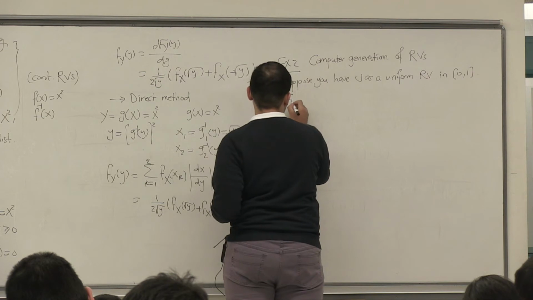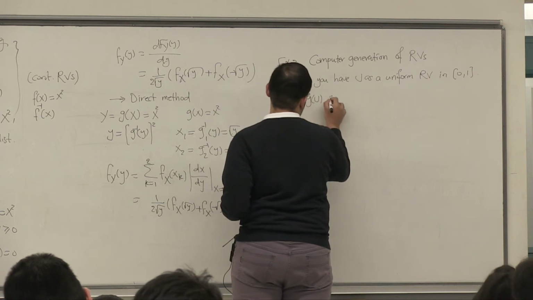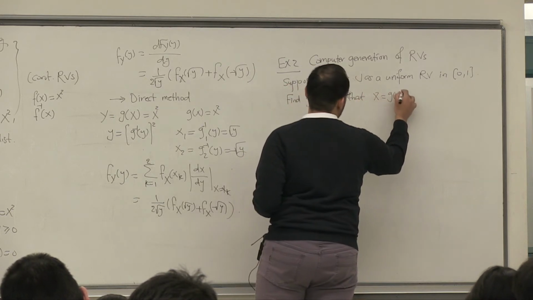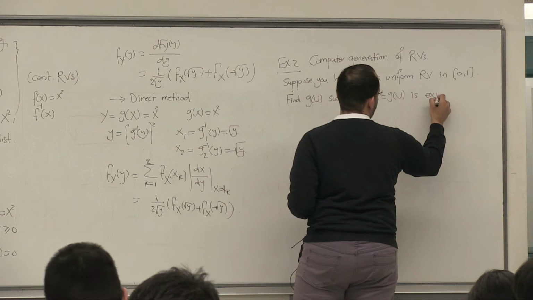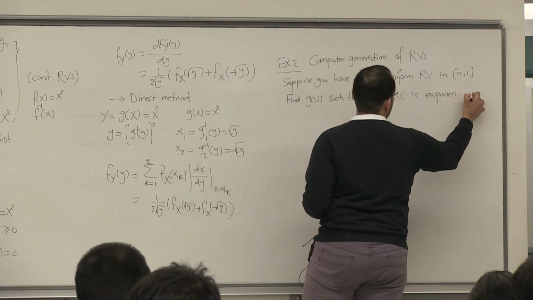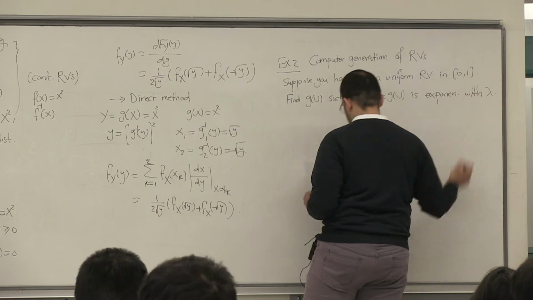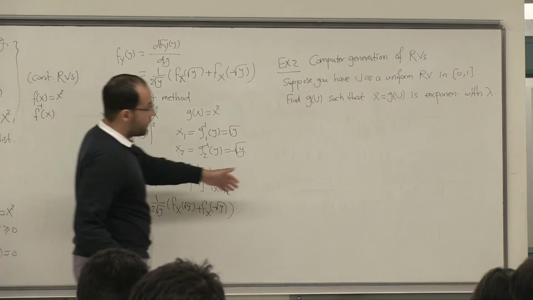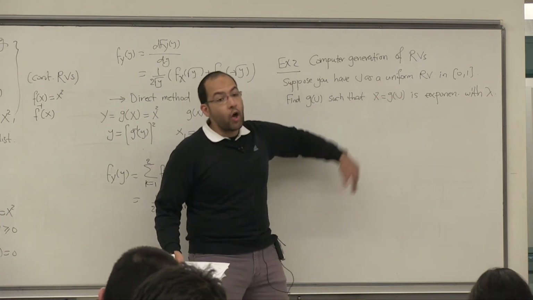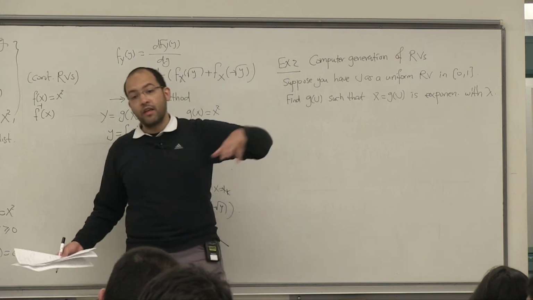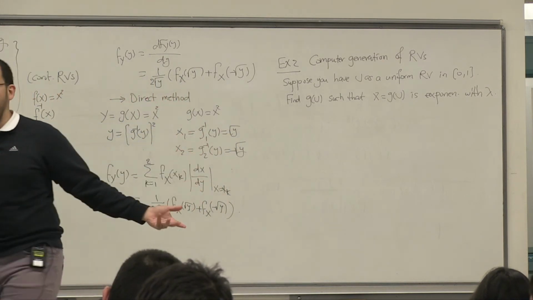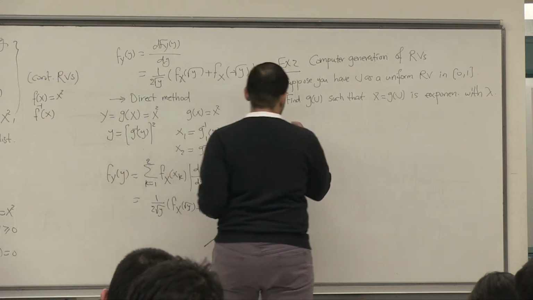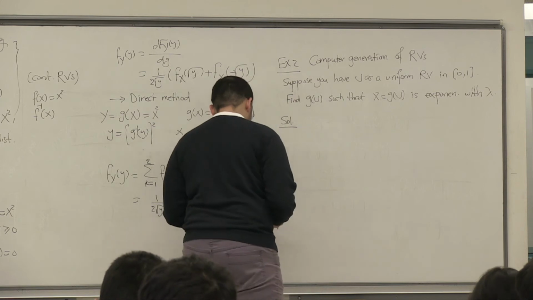Find G of U such that X equals G of U is exponential with lambda. Is the question clear? You have a uniform random variable. You want a function of the random variable such that the generated random variable from the function of U is exponential with lambda.